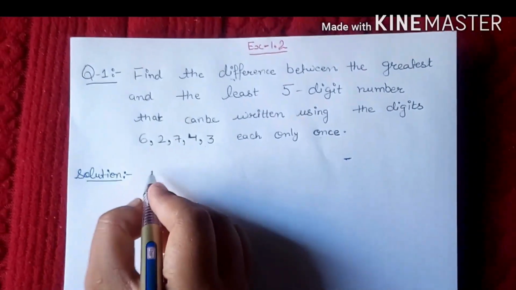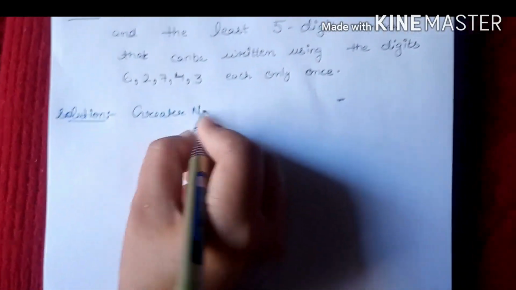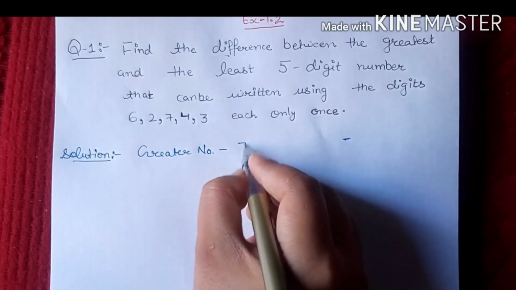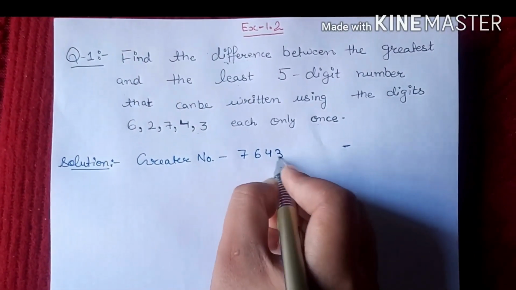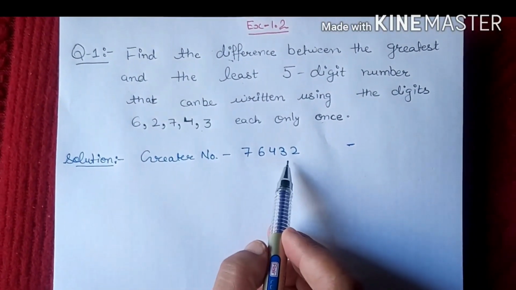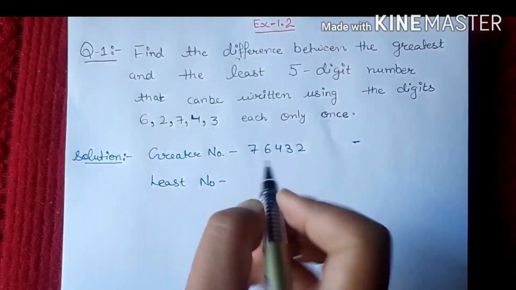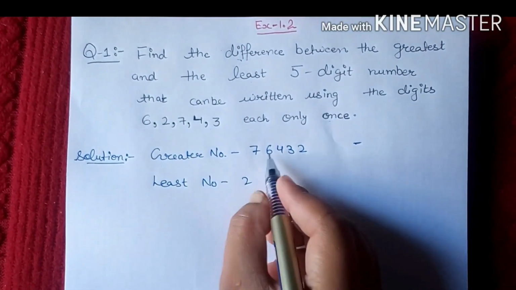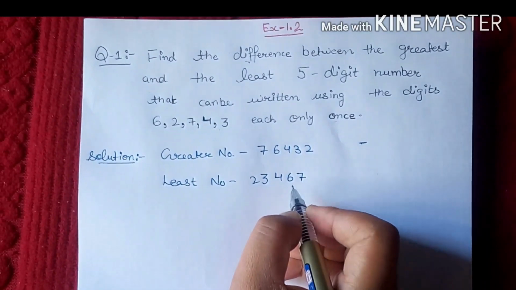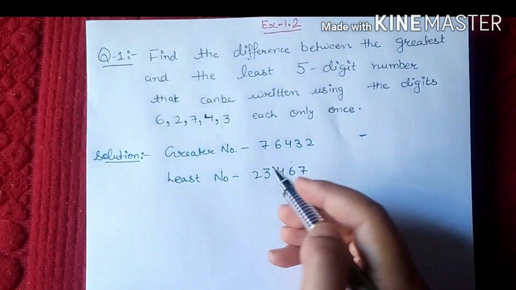First of all, we make the greatest number using these digits. The greatest number would be 76432. It means we arrange the digits in descending order, and for the least number we reverse the above number: 23467. Now this is the greatest number and this is the least number.